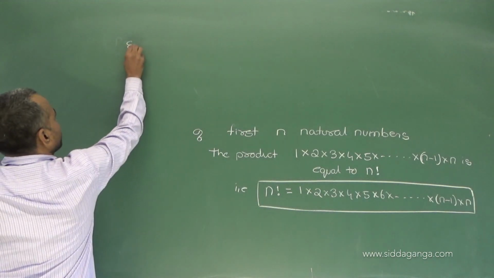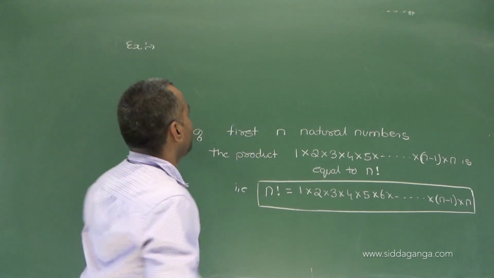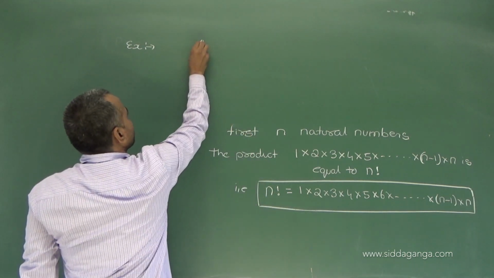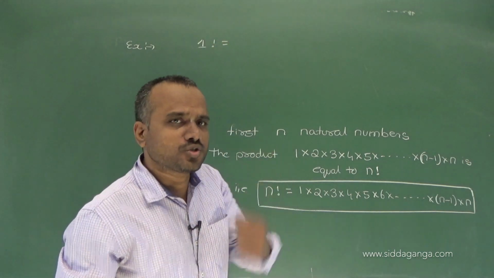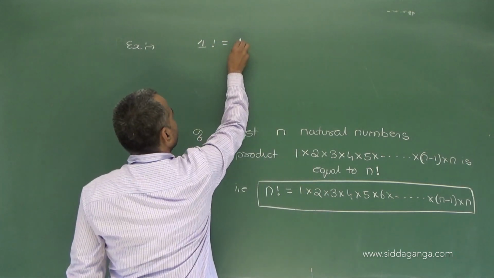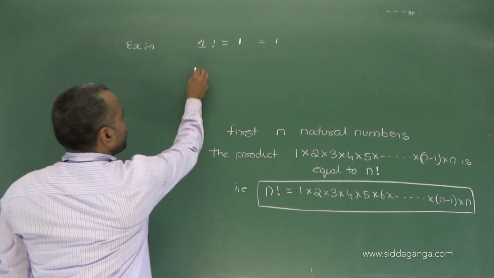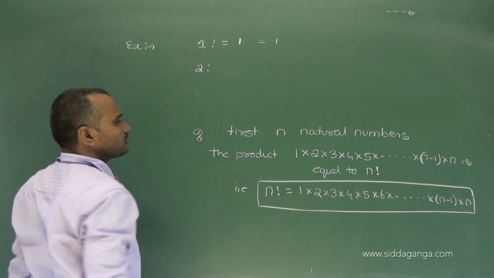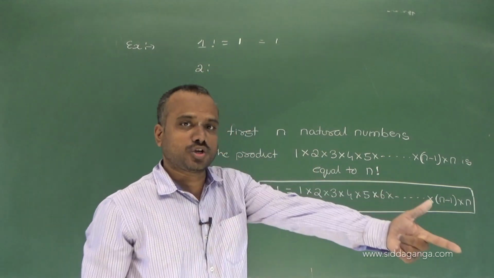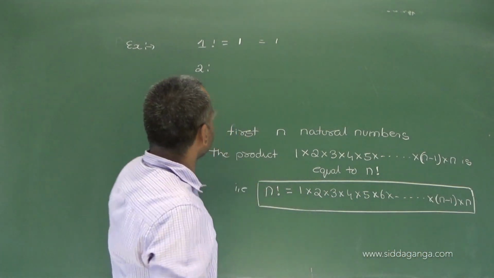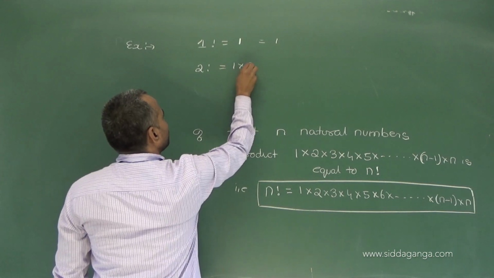For example, I write one by one. 1 factorial, the product of one natural number, first one, that is 1. Answer is 1. 2 factorial means the product of the first two natural numbers, 1 into 2.